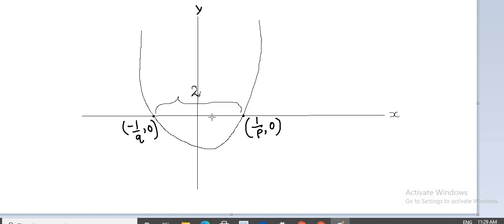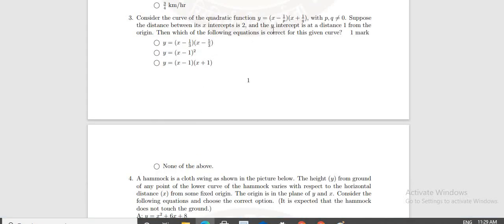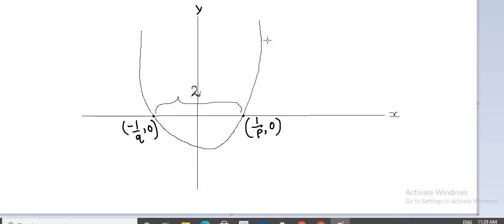Now the next thing that the question is saying is that the y-intercept is at a distance 1 from the origin. Now what does it mean? It means that wherever this curve cuts the y-axis, the distance from the origin is 1.